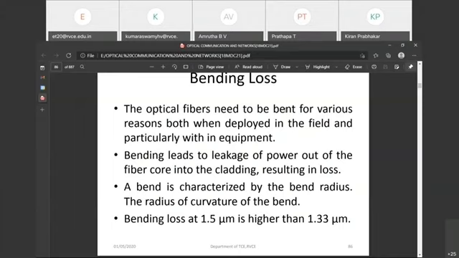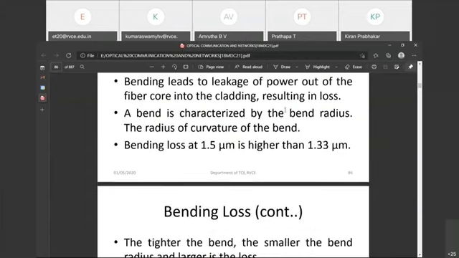Leakage of power means the energy will be coupled from the core to the cladding, and that results in loss. The radius of curvature of the bend determines the amount of loss. Normally, if the radius is less, your bending loss will be more. And with respect to wavelength, the higher the wavelength, the higher the bending loss.